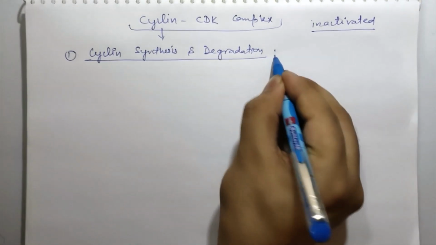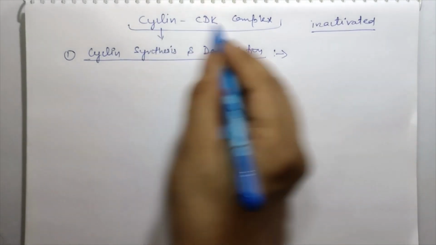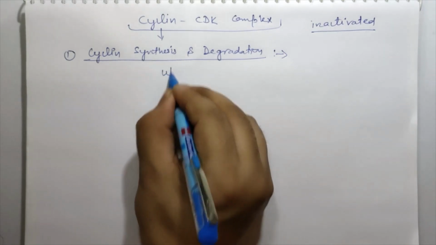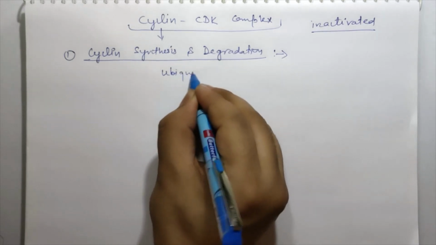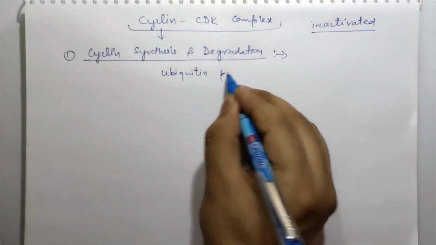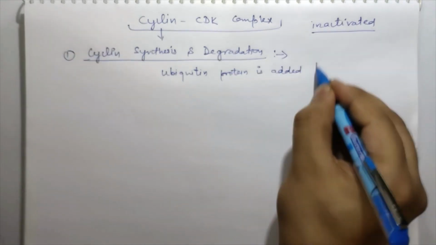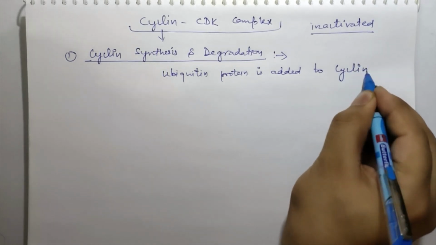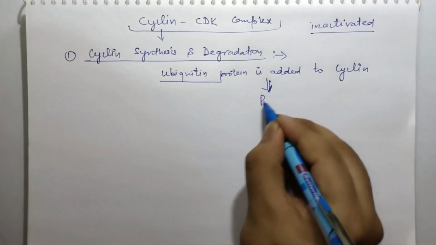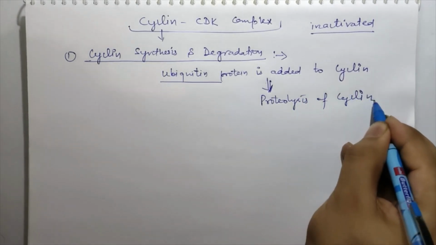The cyclin from the Cyclin-CDK complex is subsequently ubiquitinated, that is, ubiquitin protein is added to cyclin, and this ubiquitination causes proteolysis of cyclin.